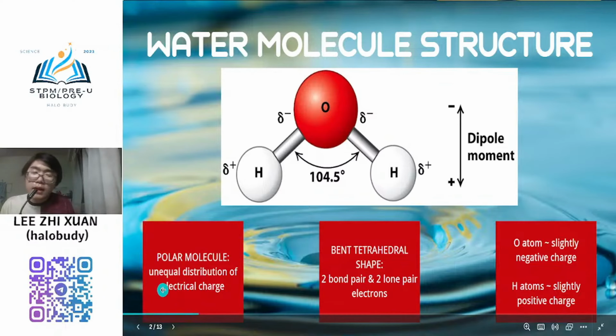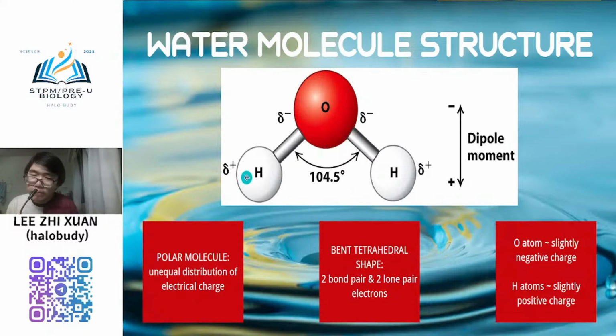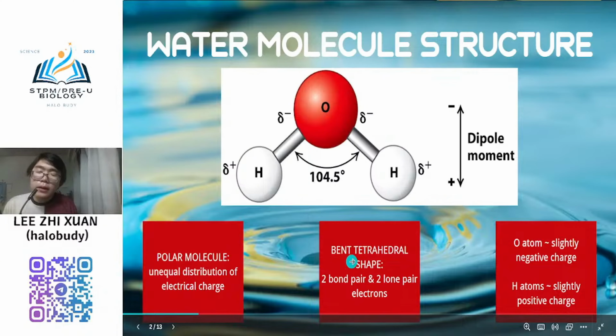Why? Because it has unequal distribution of electrical charge, because the charge between the oxygen and hydrogen are different. Oxygen negative, hydrogen positive. And the water molecule is formed in a bent tetrahedral shape.